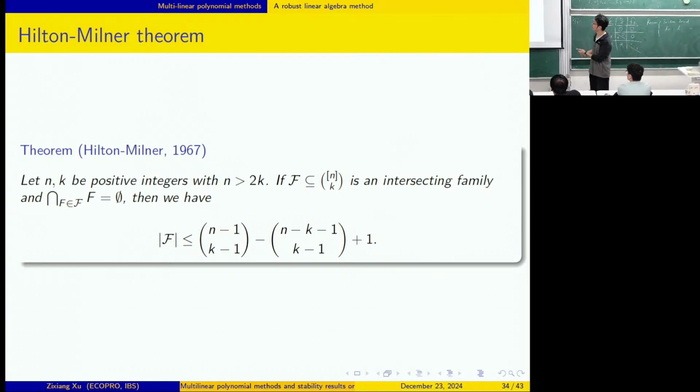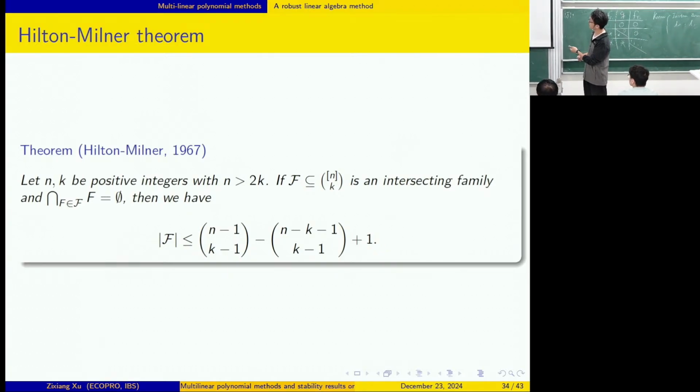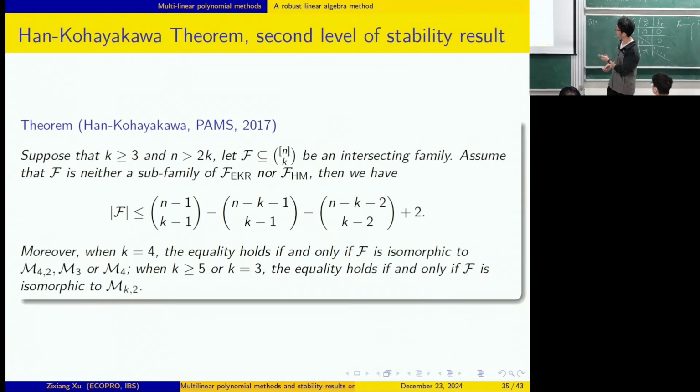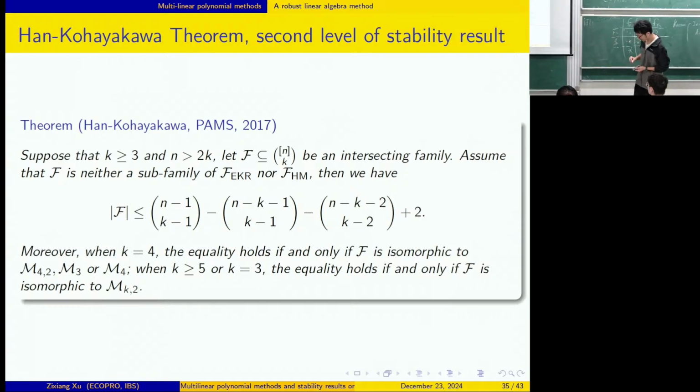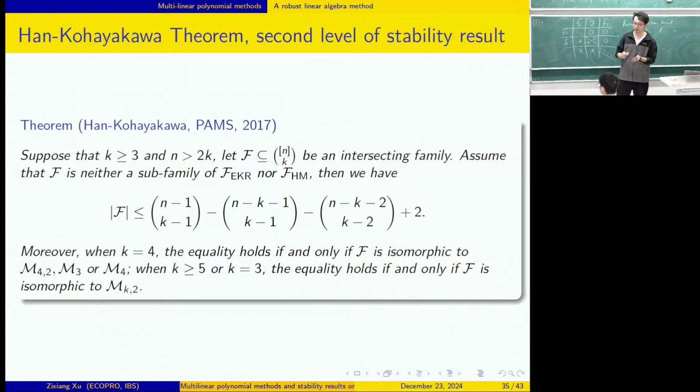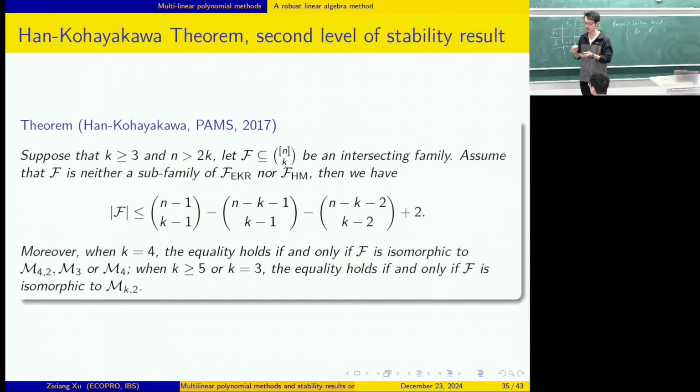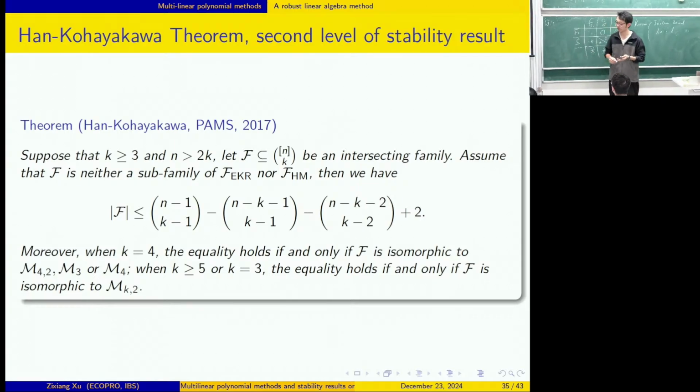And later, maybe 10 years ago, Han and Kohayakawa proved that if you also forbid the extremal configurations in the Hilton-Milner theorem, then we can say more about the set system.